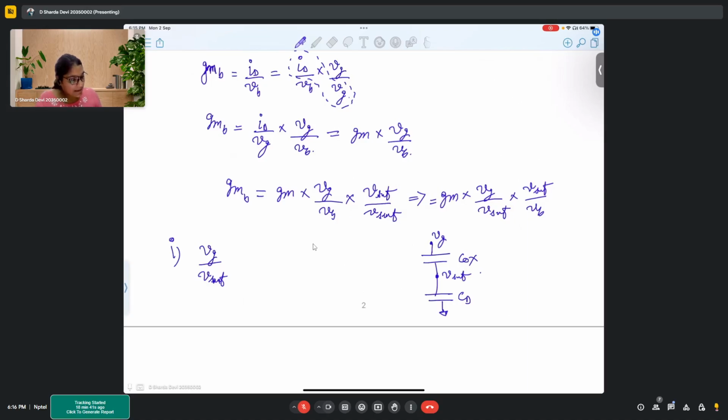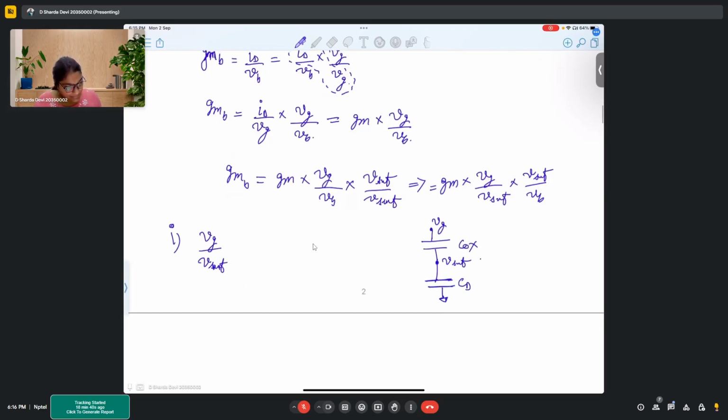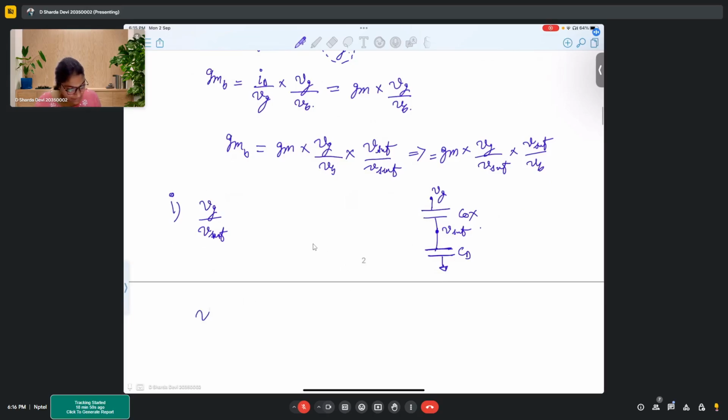Now if I write this V surface, it becomes 1 upon Cd upon 1 upon Cd plus 1 upon Cox into VG.